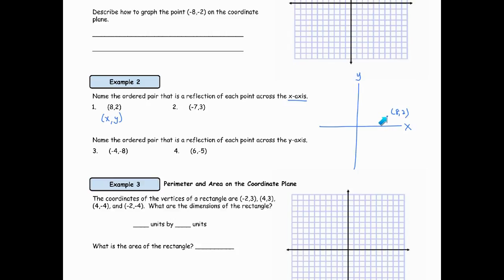Well, from 8, 2 to the x-axis, that's a distance of 2. A reflection would go 2 units down. So our reflection would be somewhere right about here. That means we would start at the origin, we'd go right 8 and then down 2. That point is 8, negative 2.